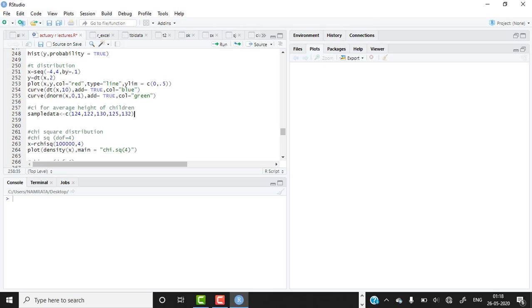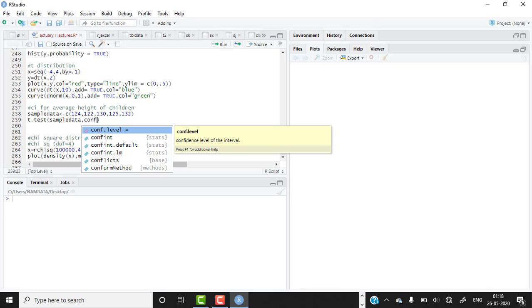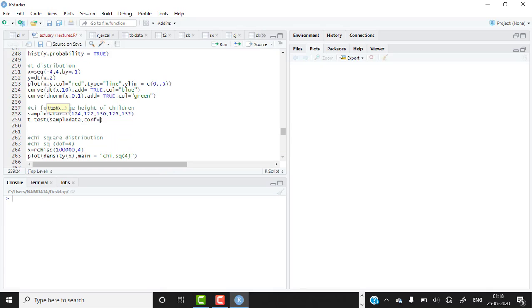So this is my sample data. In order to calculate the confidence interval, I would be using the function t-test on the sample data. By default the confidence level is also set to 0.95, but for the sake of understanding I am writing confidence level is 0.95.